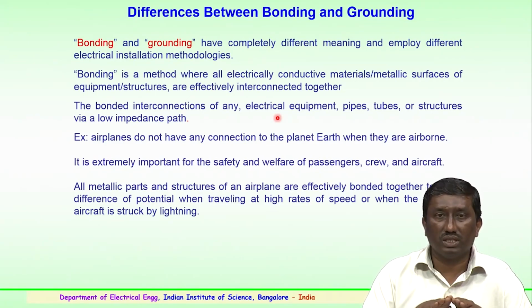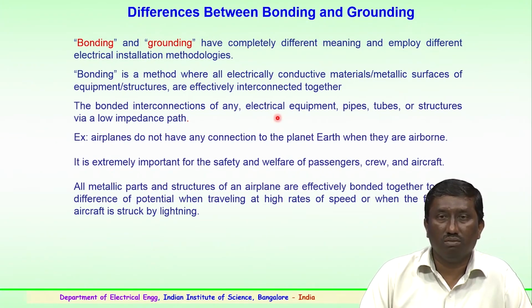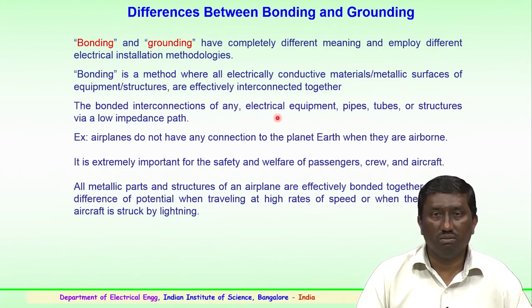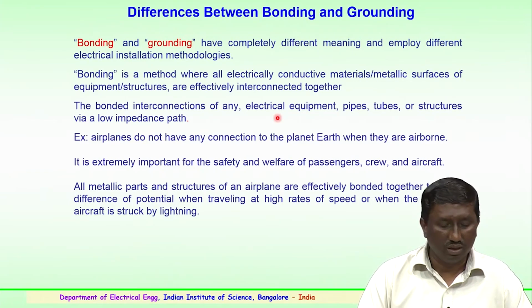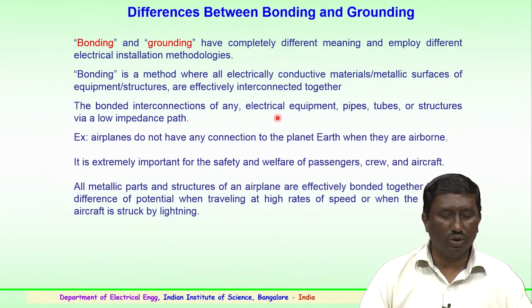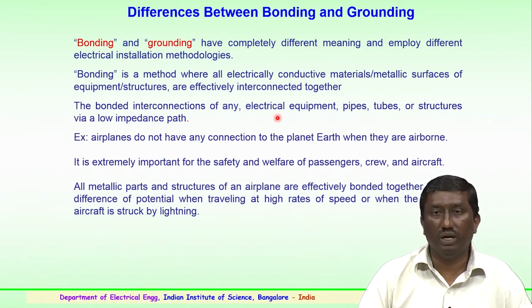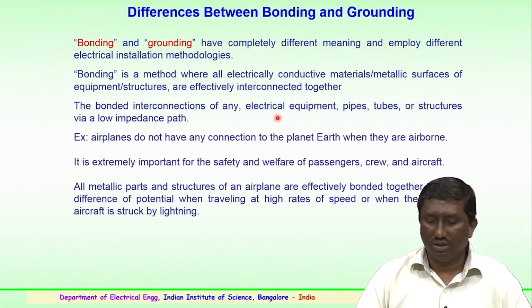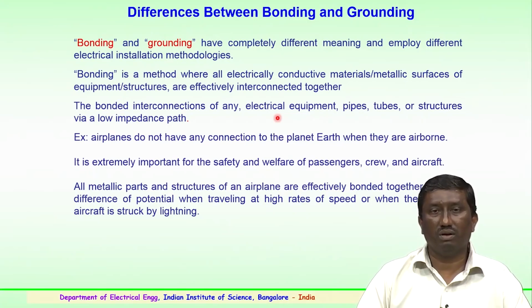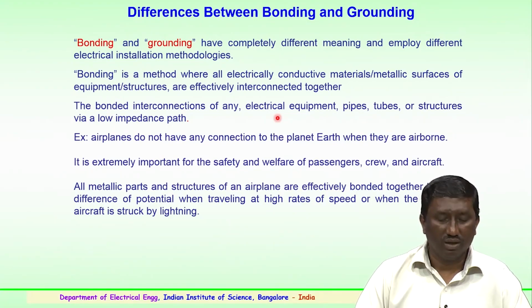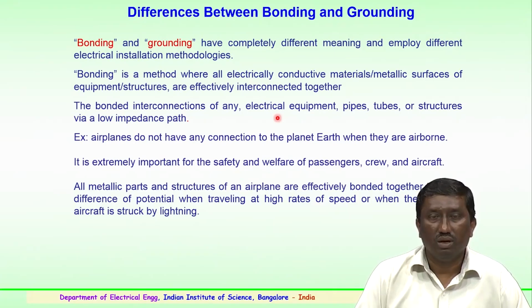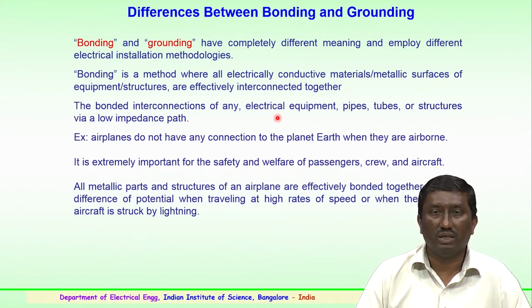When the structures are properly brought together and interconnected, there is no difference of potential when travelling at high rates of speed, or if the aircraft is struck by lightning. So, there should not be a difference of potential on the metallic structures.